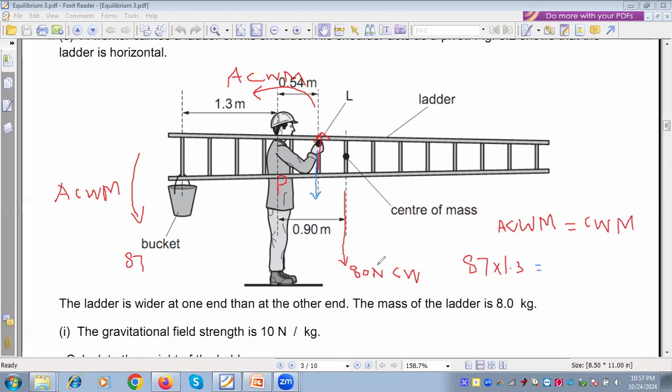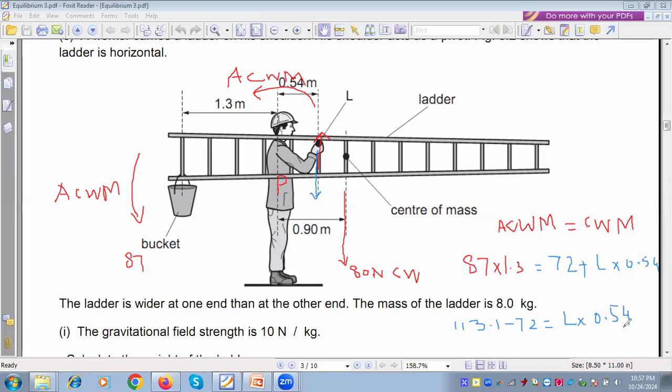Means moment caused by this person, weight of the ladder is 72, plus the moment of the person's hand, L into 0.54. So this is 113.1 minus 72 is equal to L into 0.54.